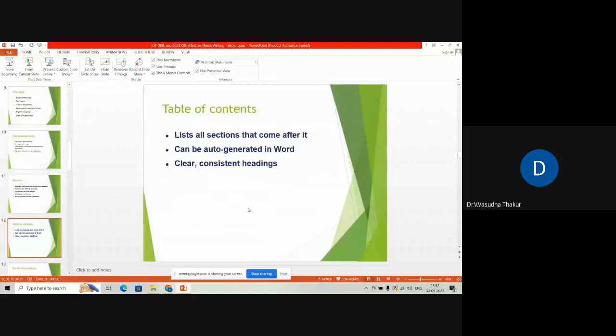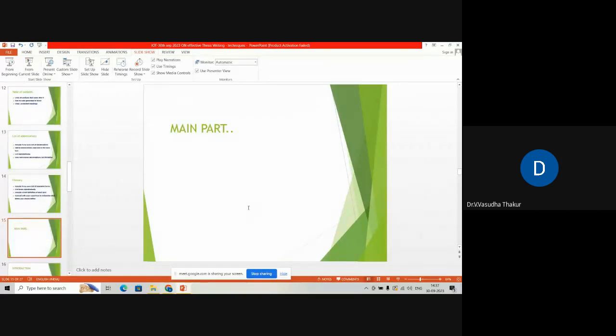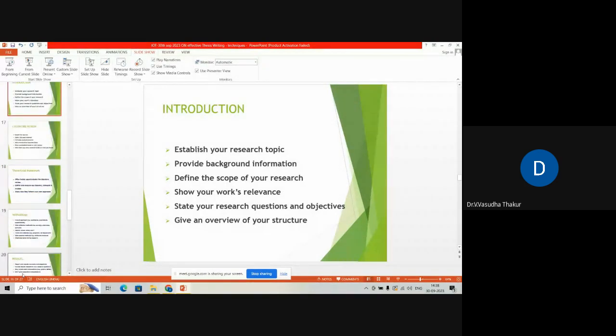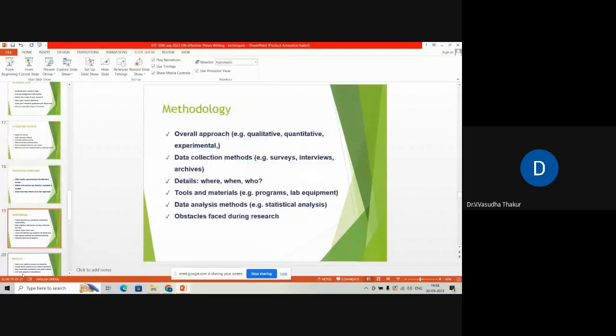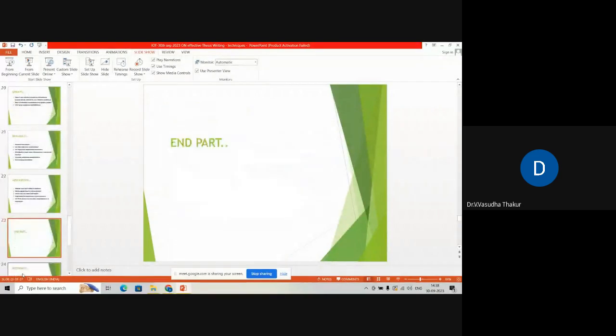Then we have the table of contents, list of abbreviations, glossaries. The main part, the actual content, includes the introduction. Okay. And then literature review, theoretical background, methodology, results, discussions, and conclusions.